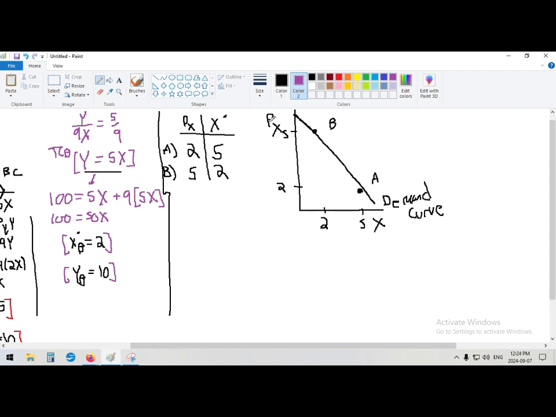So we use the equation of the line here. We say, okay, y equals mx plus b as the general form. So here, in terms of our axis, we're going to have px equals mx plus b. And then we just have to figure out our slope here. So our slope is the rise over the run.